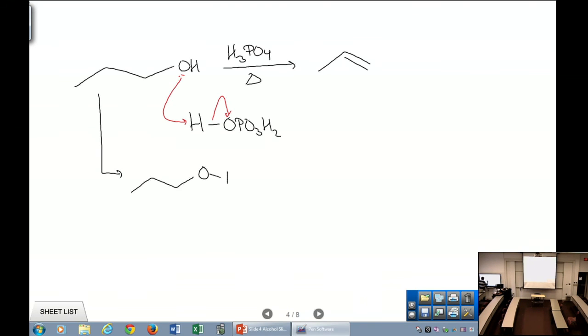And you get to the same place you got with the secondary or tertiary. You get this positively charged oxygen. You again get to water being on your molecule. Now at this point, as opposed to the water leaving, you'll have another molecule of alcohol come in and do an E2 type elimination to get you the product.